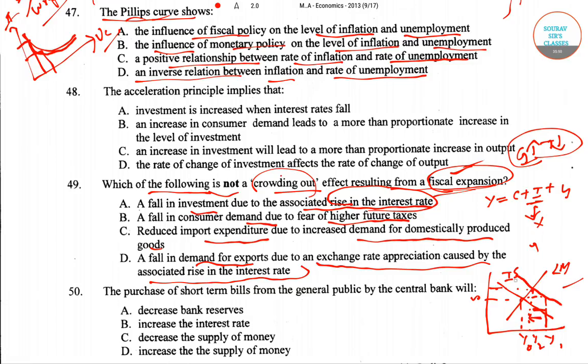The relationship between interest rate and investment is negative. So investment falls, and as investment falls, the income also falls, so it comes here. So the crowding out takes place because of the fall in investment due to the associated rise in interest rate. So for question number 49, the right answer is option A.